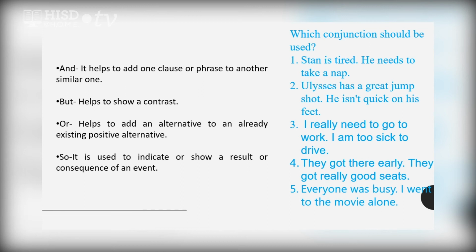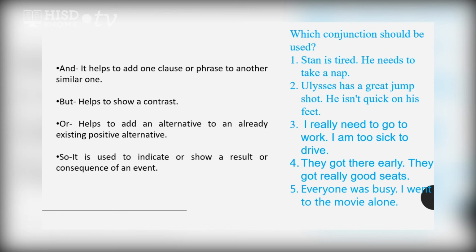Looking at these sentences, we're going to combine them, but you have to decide which conjunction will be the best conjunction to combine these sentences. 1. Stan is tired. He needs to take a nap. Which conjunction would you use to combine those two simple sentences? 2. Ulysses has a great jump shot.